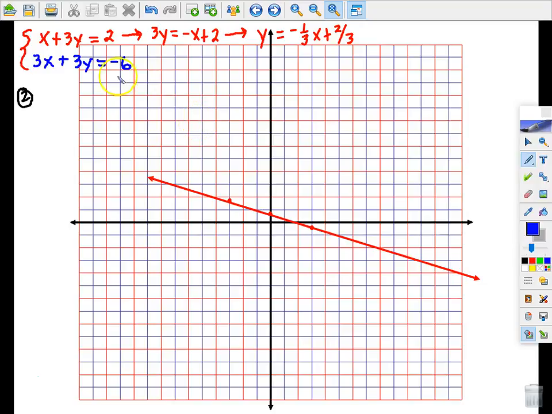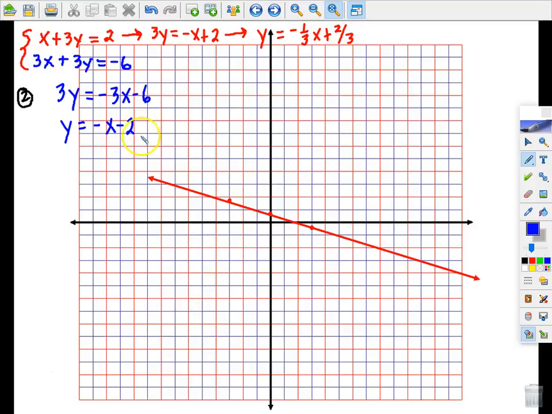And now let's work on the blue equation. Let's get it solved for y, or slope-intercept form. So the first thing I'm going to do is subtract 3x from both sides. And then I'm going to divide by 3 on both sides, meaning every term. Negative 3 divided by 3 is negative 1x. Negative 6 divided by 3 is negative 2.